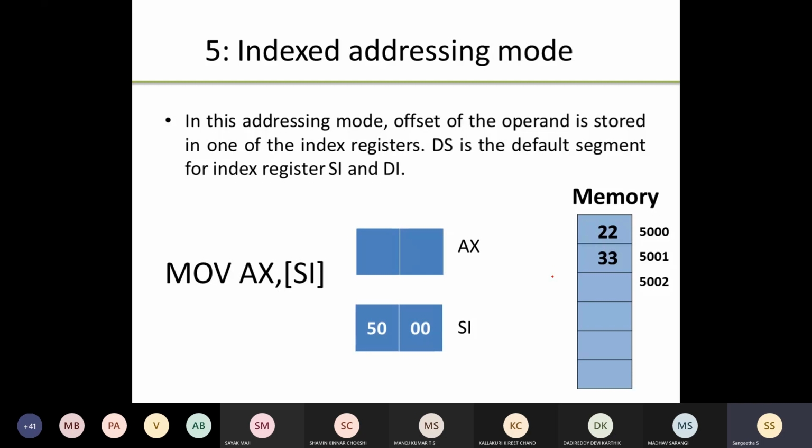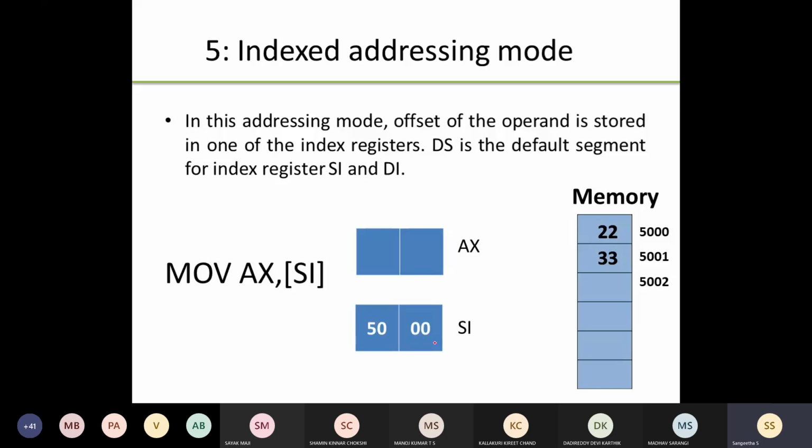Here also you will calculate the effective address like 10 into data segment. By default, all the data is in the data segment only, no? So it is 10 into data segment plus this offset address, and that data will be transferred into your destination register. For example, if you are taking move AX comma SI, SI is the source index, and your offset will be present in this particular index register.